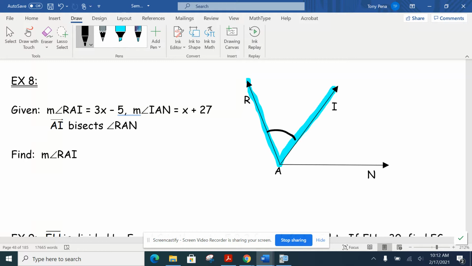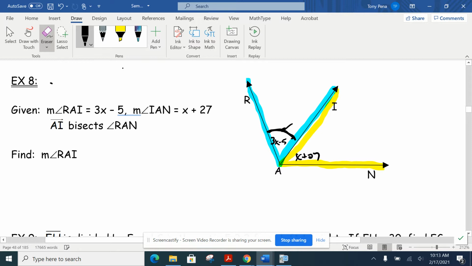If we were to draw a little arc in here to show that that's our angle, this has a degree measure of 3x minus 5. And then angle IAN, so now here's I to A to N, the yellow angle there has a degree measure of x plus 27.